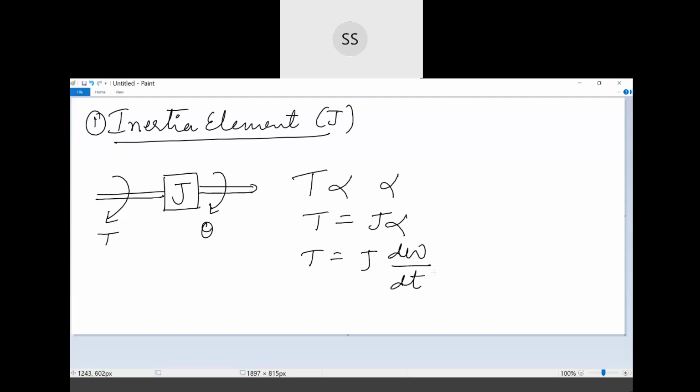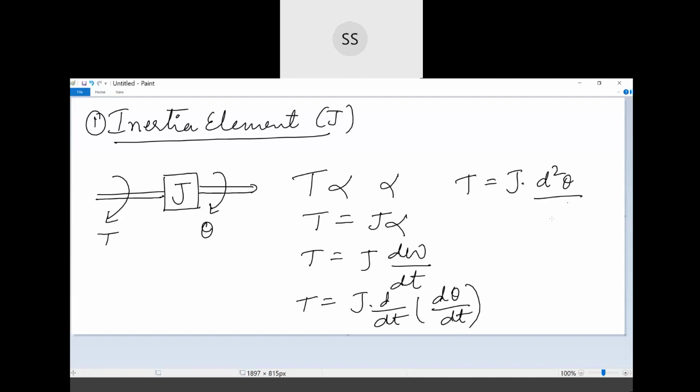Here omega represents the angular velocity, and when this angular velocity is further differentiated, you can write that T is equal to J into d by dt of, for omega you can write, d theta by dt. So therefore T will be equal to J into d square theta by dt square.